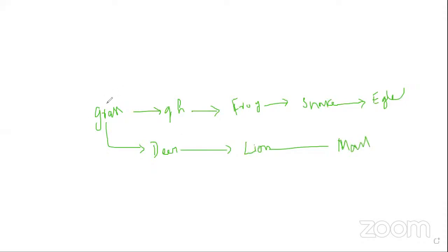Another one is also there, interlinked: rabbit. And the rabbit is also eaten by fox. Fox with lion or tiger. So this is the three-way.